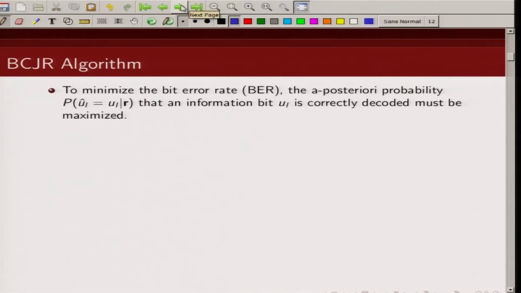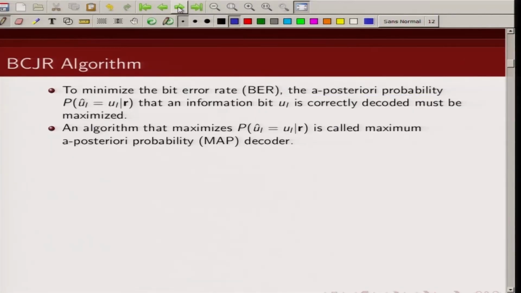We are going to use an a posteriori probability based algorithm to estimate our information sequence, and this algorithm, which maximizes the probability of u hat given the received sequence R, is known as the MAP decoder.